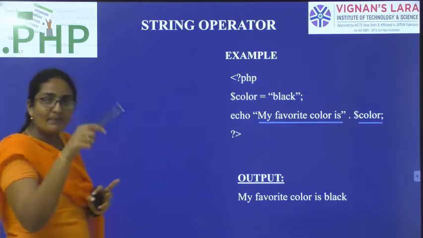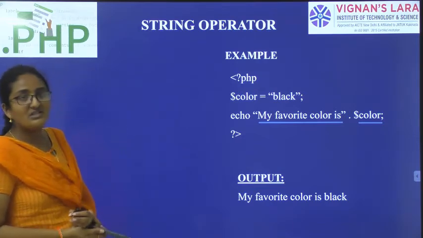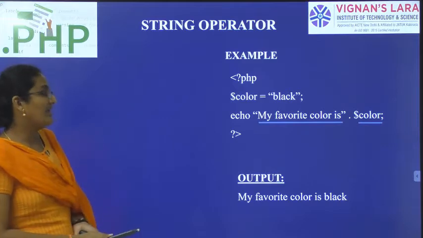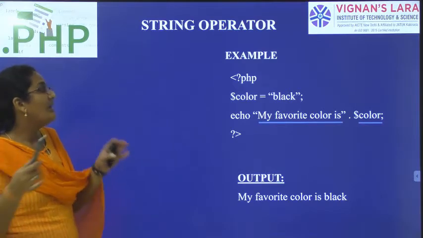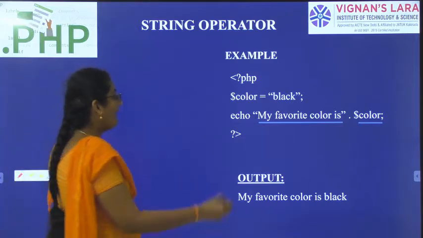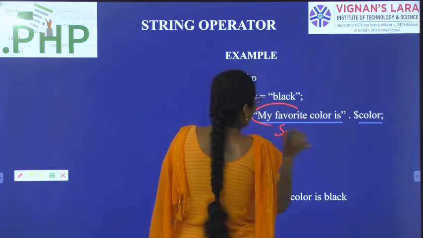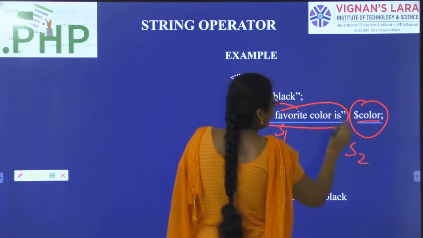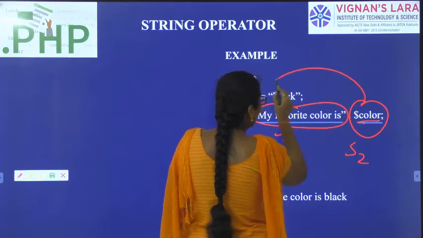As I told you in the previous class, in the output statement, if you use double quotations, you will have different output. If you use single quotations, you will have different output. If you don't use any quotations, you will get the exact output. So my string 1 is my favorite color is. My string 2 is dollar color. For dollar color, what is the answer I have?